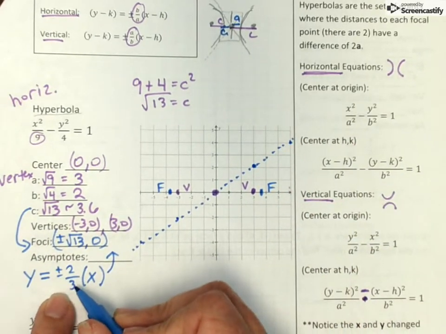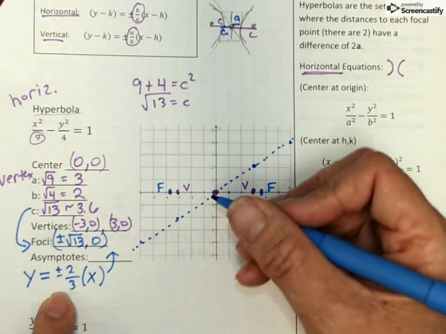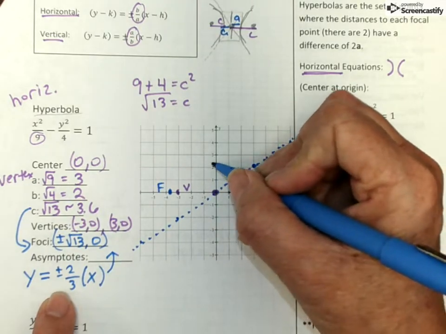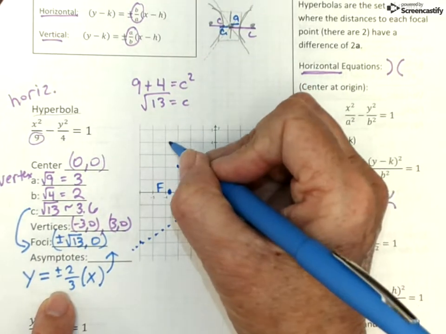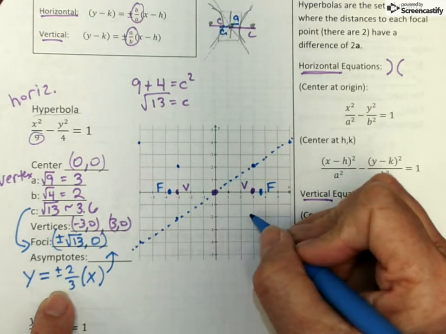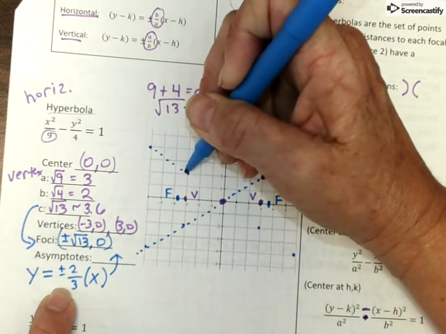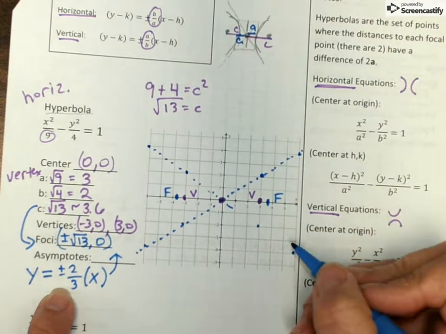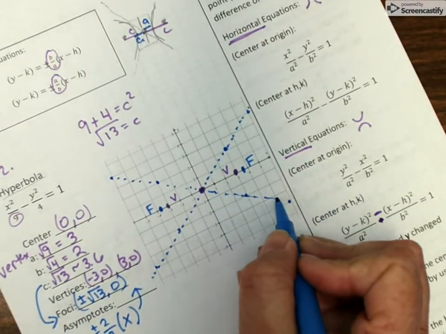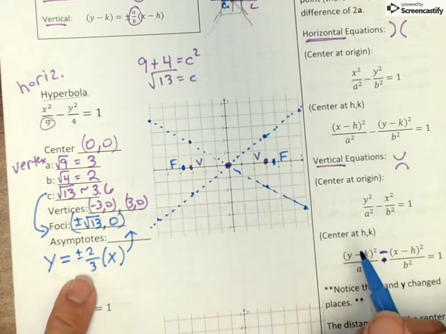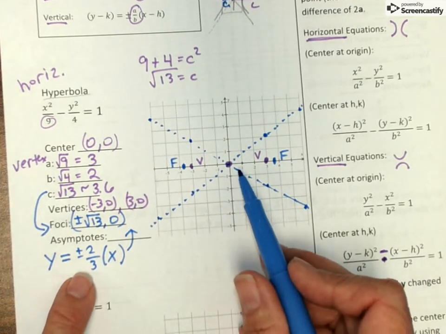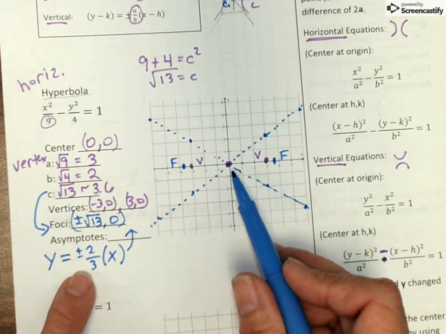I have to show the -2/3 x equation also. So 1, 2, 1, 2, 3, 2. And we will go in both directions. And notice that these are crossing at the center of our hyperbola. This will always happen, that our asymptotes cross at the center.